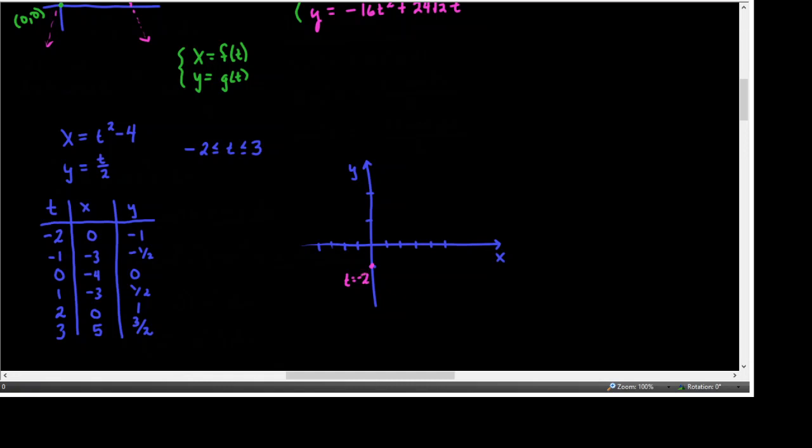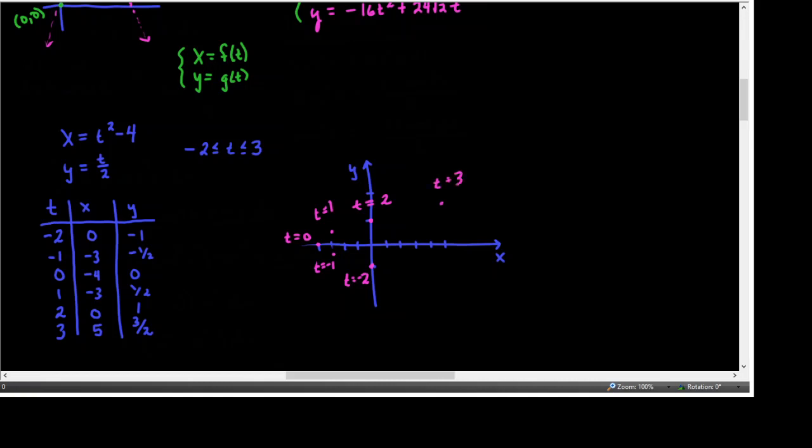Then (-3, -1/2) when t is -1. (-4, 0) when t is 0. (-3, 1/2) when t is 1. (0, 1) when t is 2, and (5, 3/2) when t is 3.